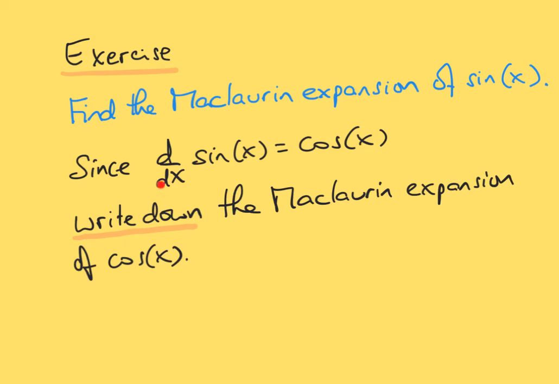And then since you know that the derivative of sine x is the cosine of x, what I would like you to do is from the expansion for sine x, simply write down the Maclaurin expansion for the cosine of x. So have a go at doing that with pencil and paper and come back after you've had a look at it.